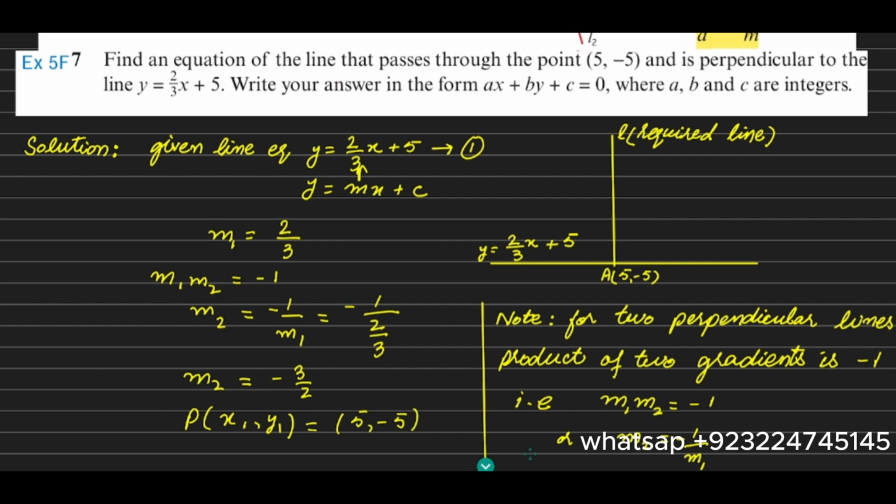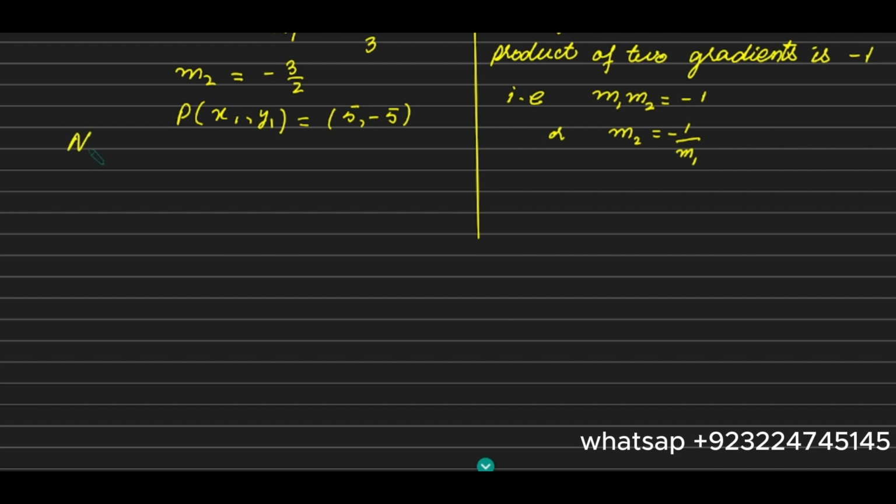Now we use y minus y1 equals m into x minus x1. Here y1 is minus 5, and the slope is minus 3 by 2 into x minus x1, which is 5.